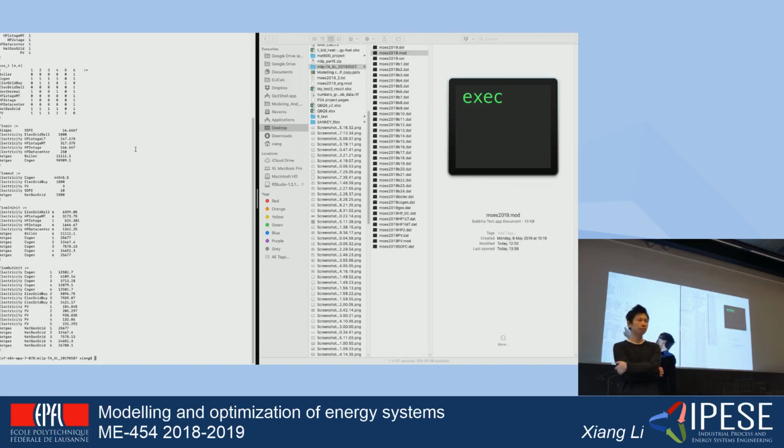For example, we are buying at the moment 6,399 kilowatts of electricity. And you have natural gas for the boiler and for the cogeneration units. At period number 6, you're importing 11,111.1 kilowatts of natural gas.